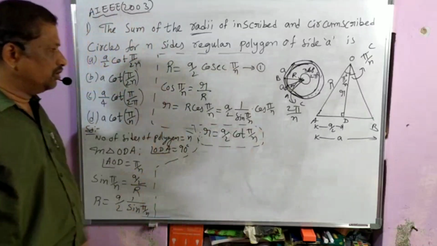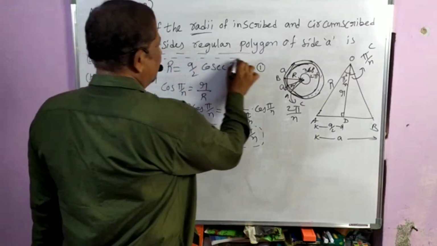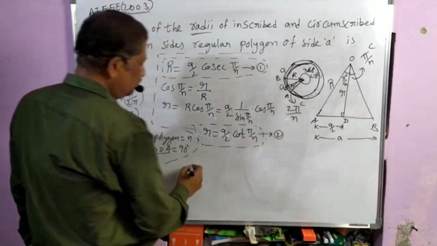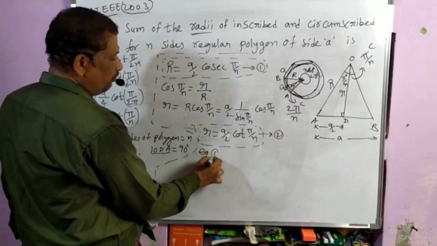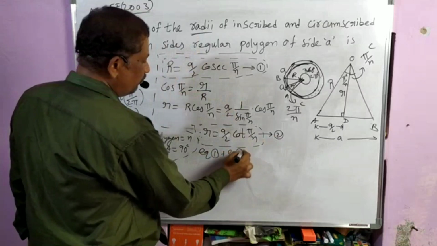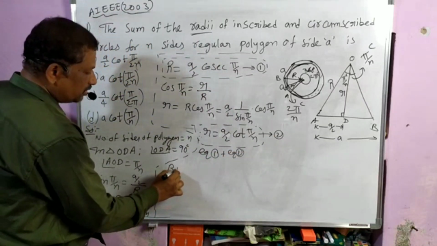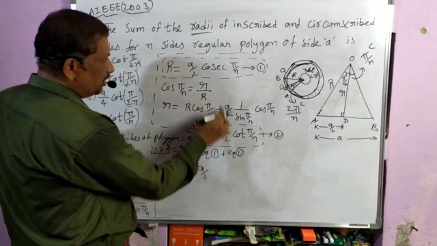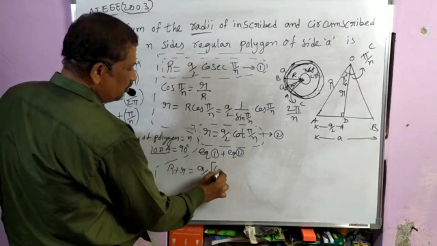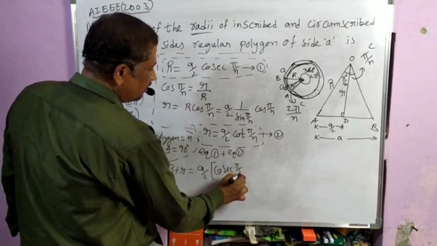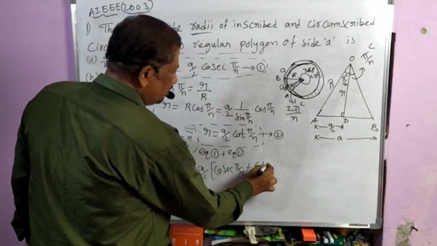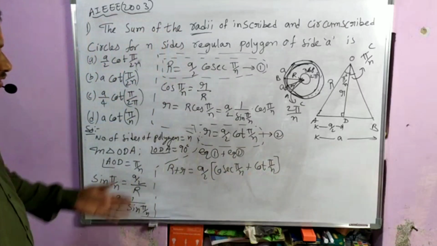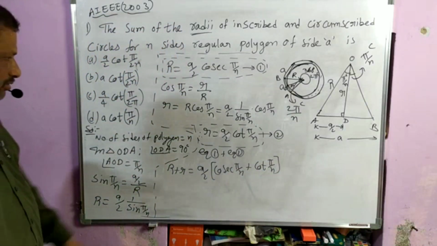Now add both. This is capital R, this is small r, equation 1 and 2. So equation 1 plus equation 2. What do you get here? R plus r is equal to A by 2, which we take out from these two, cosecant pi by n plus cot pi by n. From this we take out cosecant, 1 by sine.